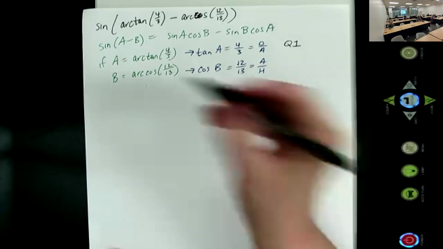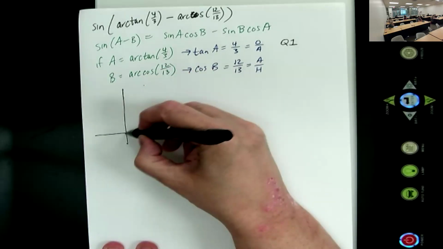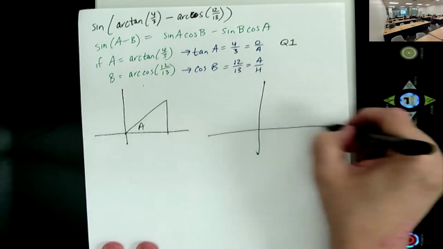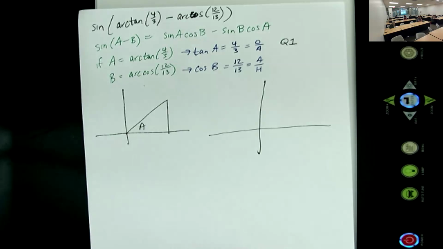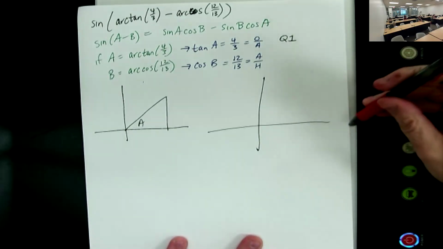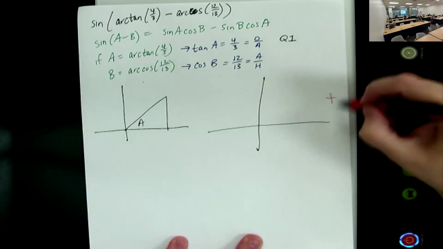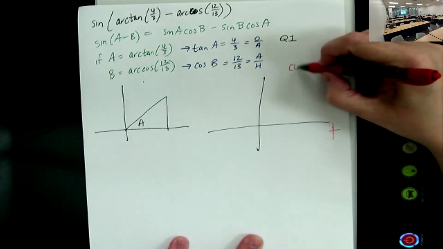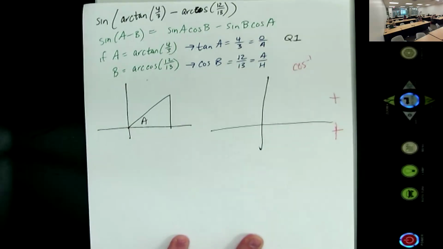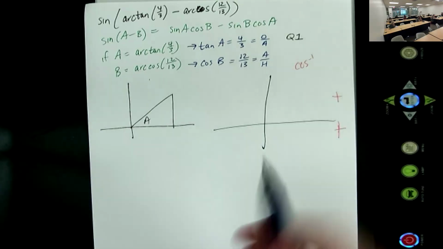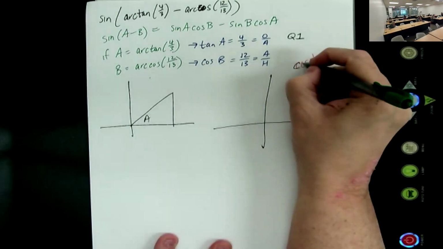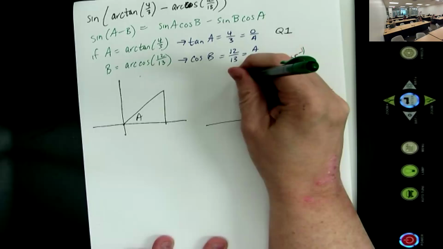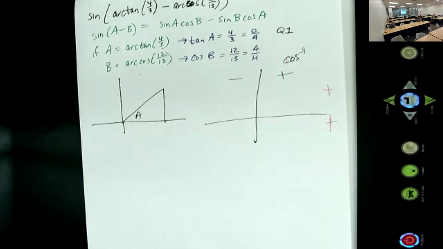So you said quadrant A will be that one, that'll be A. We said cosine is positive here and here. But for cosine inverse, we need to include the full range of negative and positive values. So maybe I'll do this in a different color, cosine inverse has to include negative and positive values. It's here and here. That has our negative and positive of cosine.